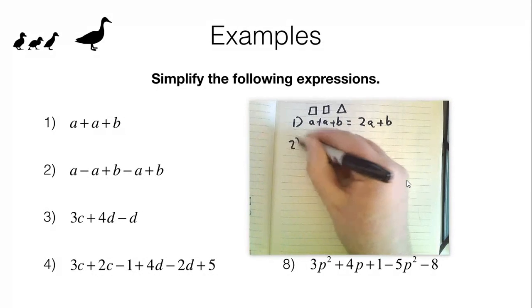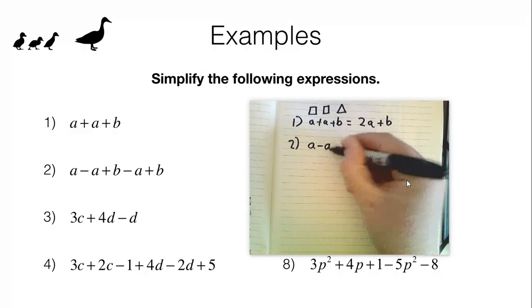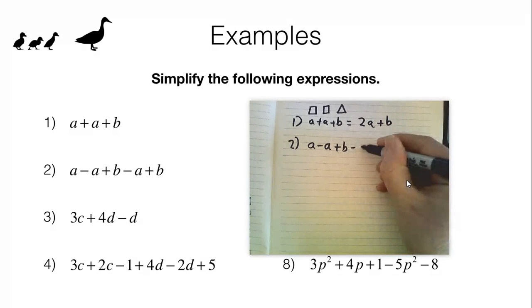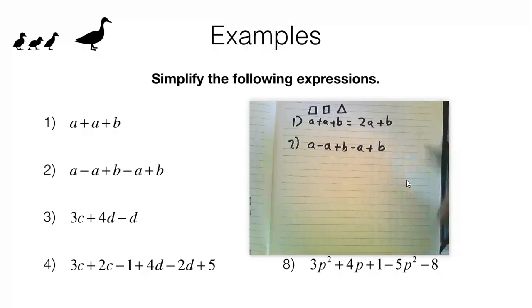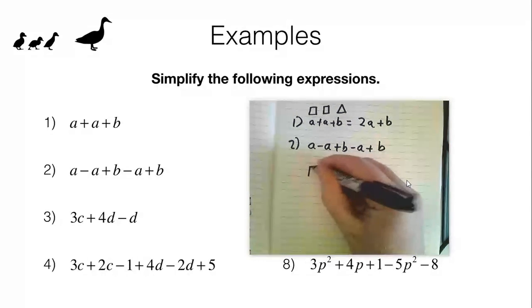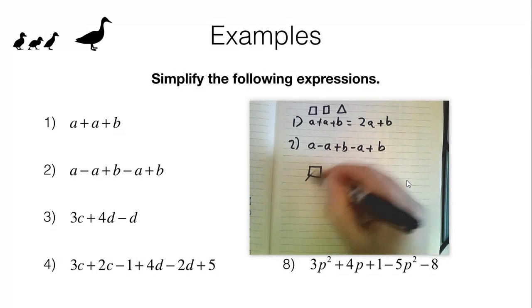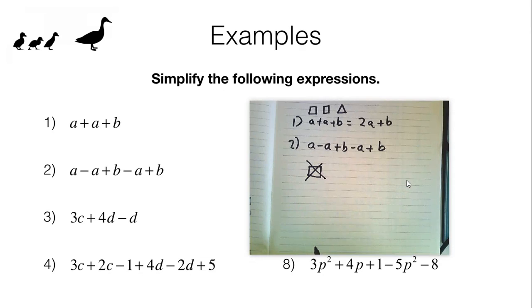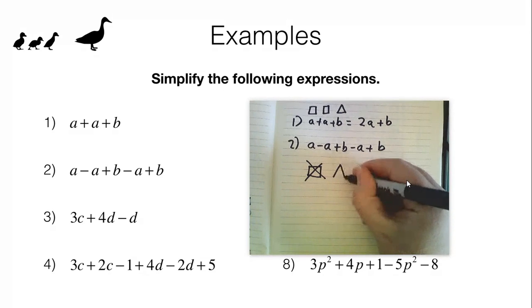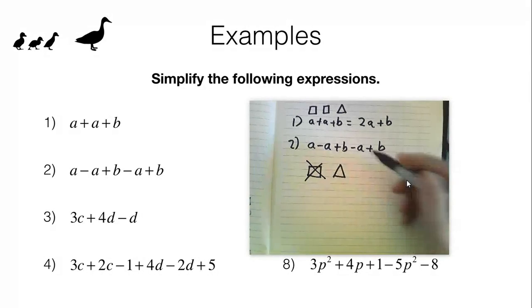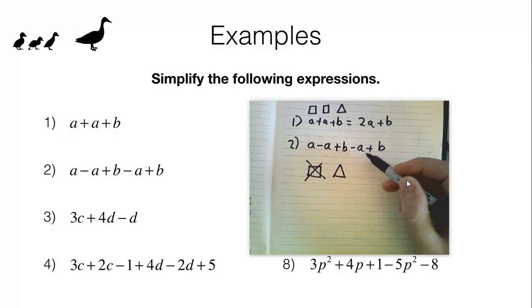Try the next one. a minus a plus b minus a plus b. Okay, let's think this through. I start off with an a. I take away a. So let's just get rid of that. I add a b. I take away another a.